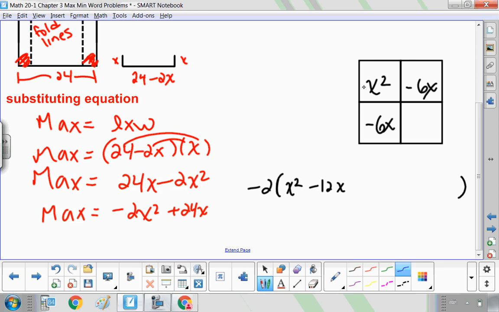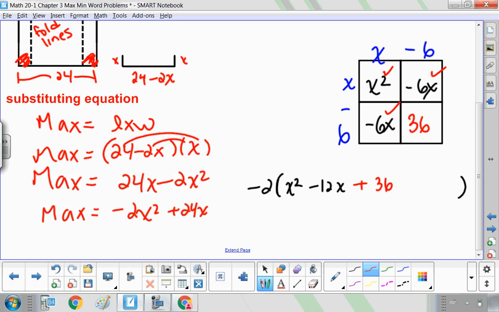GCF of this row will be x, GCF of this column would be x. Take out the leading coefficient and the other leading coefficient, and let's check to see if we did that right. X times x is x squared, negative 6 times x is negative 6x. X times negative 6 is negative 6x, and negative 6 times negative 6 is positive 36.